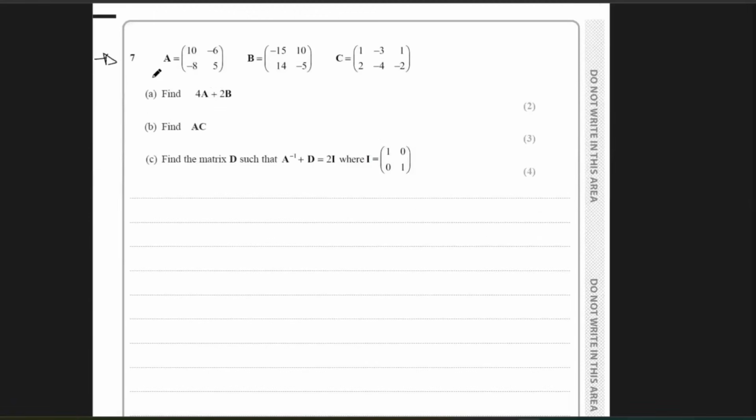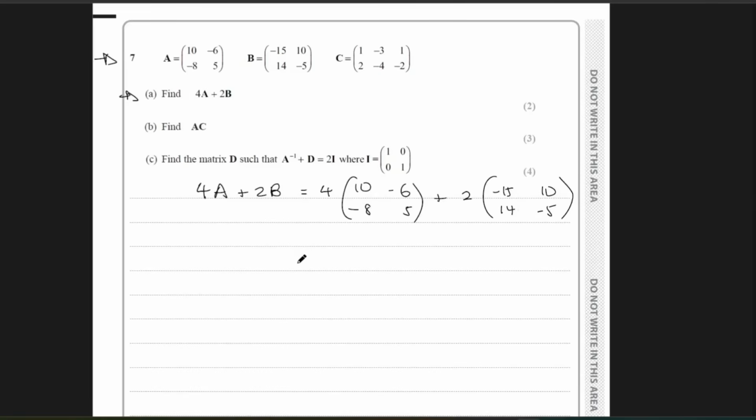So question number 7, we have matrices A, B, and C. Question A, find 4A plus 2B. So 4 times matrix A plus 2 times matrix B. That's equal to 4 times the matrix 10, minus 6, minus 8, 5, plus 2 times the matrix minus 15, 10, 14, minus 5.